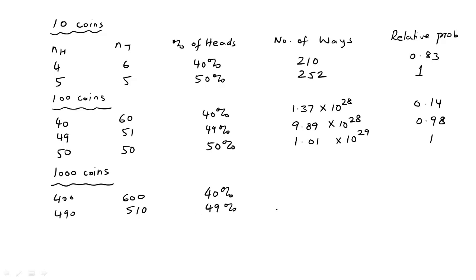Also consider what your intuition tells you about what these relative probability numbers should be for 1000 coins relative to 100 coins. Pause now.